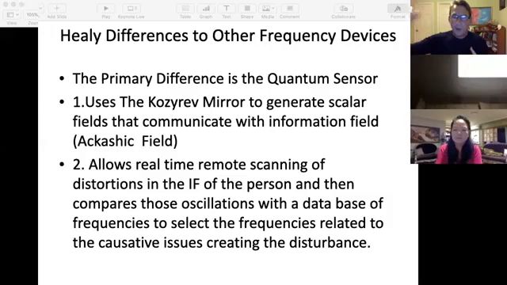And so when we can clear the obstructions and bring the heart and the mind into a state of balance, then we generate the same waves that the Healy and the time wave generate, which is the scalar waves. These scalar waves basically are energy fields that are beyond time and space and allow us to access higher dimensions of consciousness and the information in those different layers.